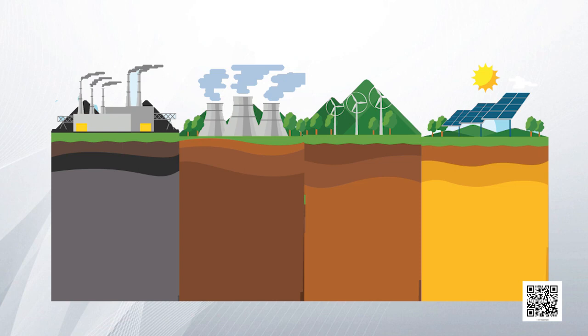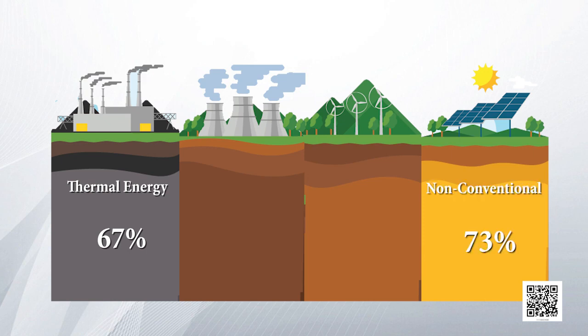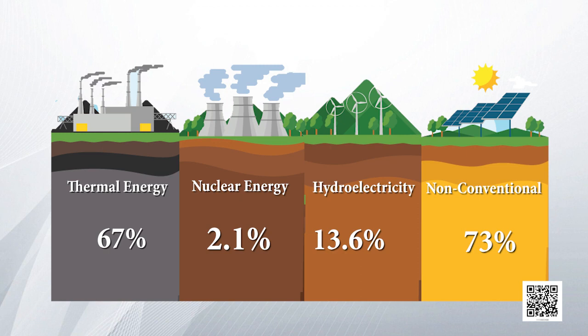So, we have some sources of electricity generated, and most of the electricity is generated from thermal sources, which is around 67% of the total energy generated. Non-conventional sources contribute around 17.3% of the total energy generated. Nuclear energy occupies a mere 2.1% of the total energy generated, and hydroelectricity is around 13.6%.